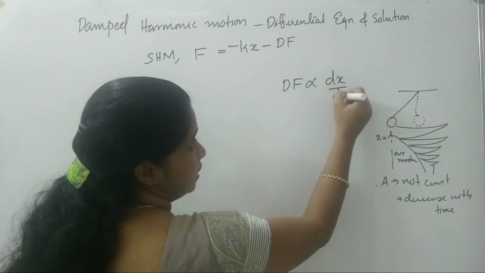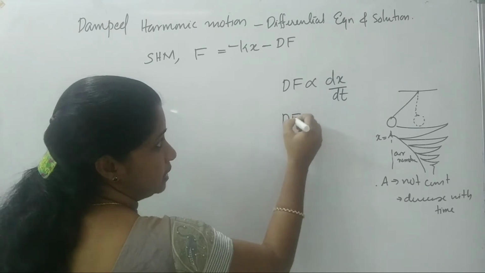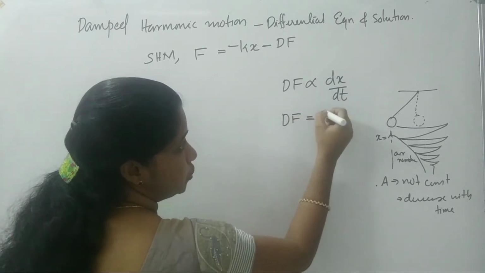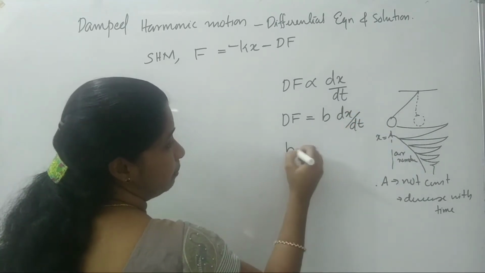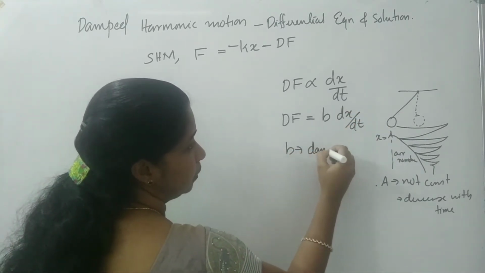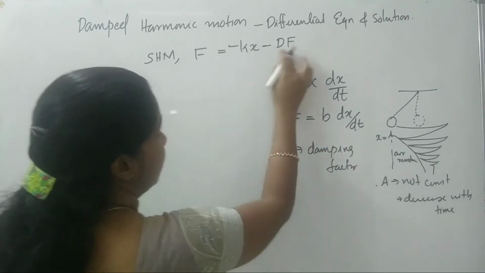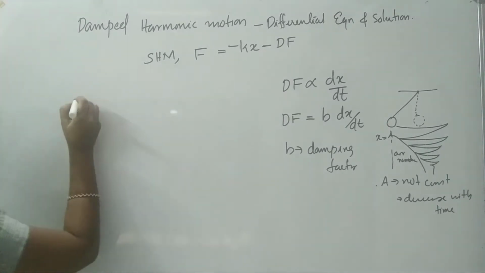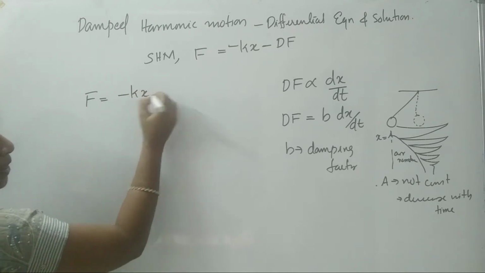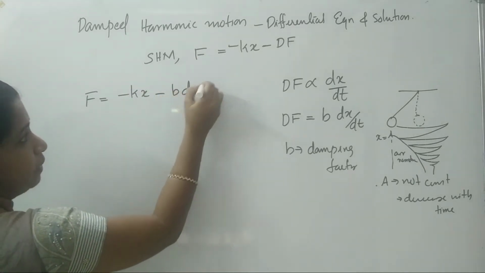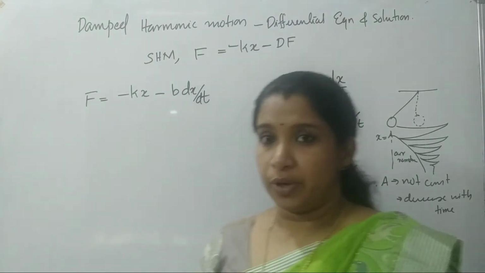Velocity we can represent as dx by dt, and to change the proportionality symbol, we multiply it with a constant b into dx by dt, where b is the damping factor. So we can rewrite the condition as F equal to minus kx minus b dx by dt. This is the condition for damped harmonic motion.